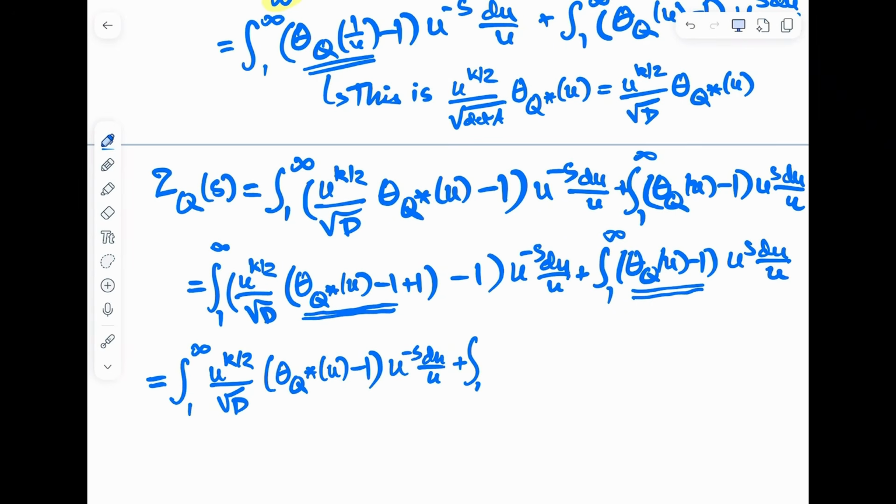And now I'm going to have the integral of what's left in the first integral, u to the k halves over square root of d minus 1 u to the minus s du over u. Can anybody else vouch that that's correct? Anybody else say, yeah, that looks right? Do the math.